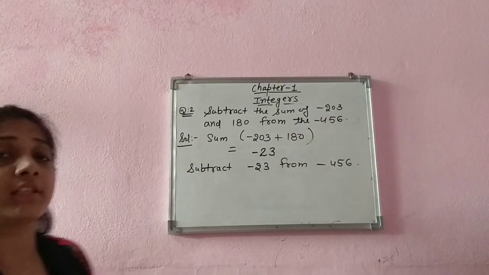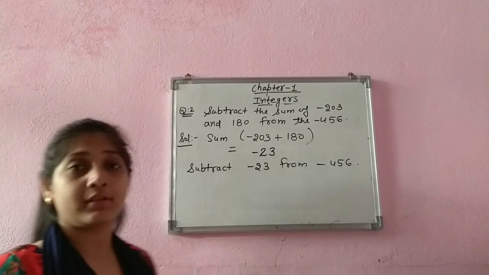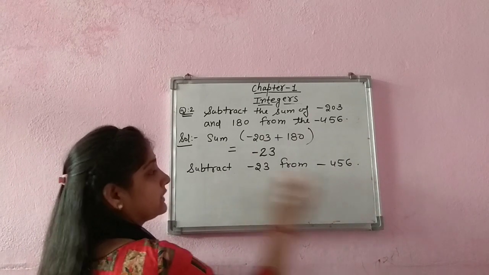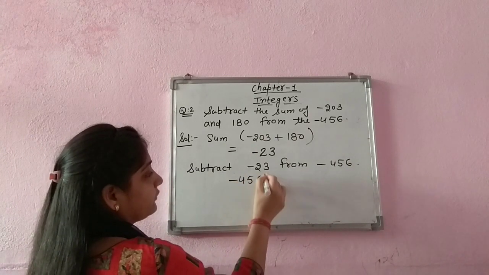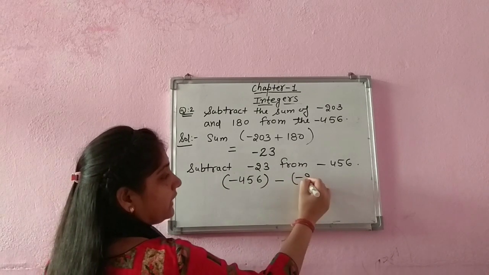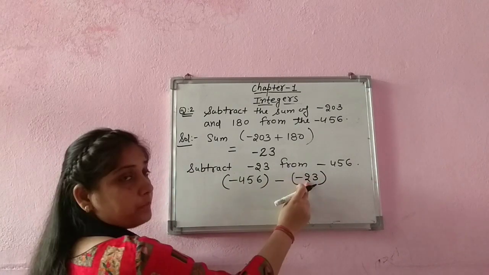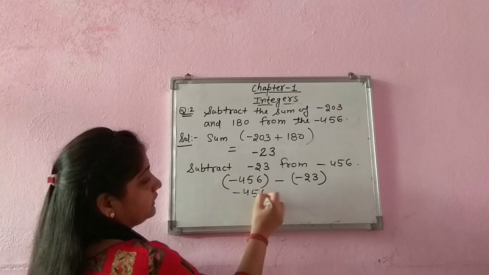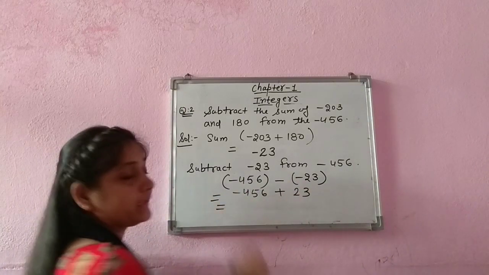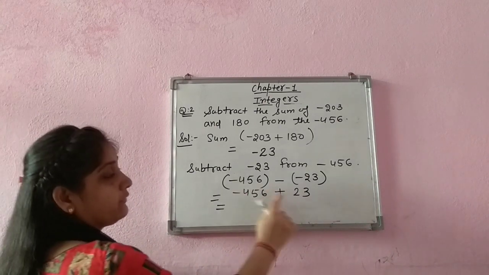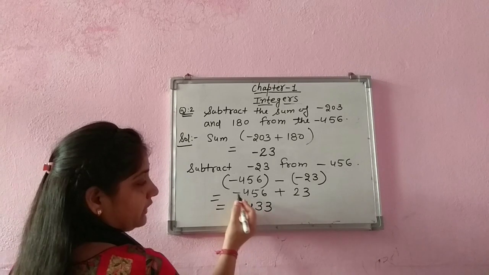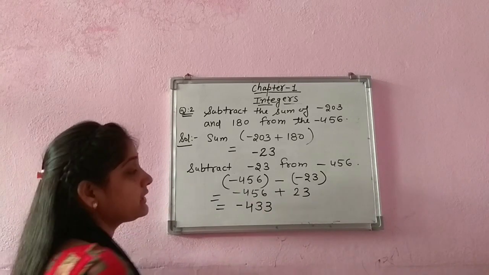We have learned this concept in subtraction where the "from" concept is given. So the second number comes first and the first number goes second: minus 456. We are doing subtraction, so minus and negative 23. Now we need to open the bracket. Minus minus becomes plus, and we observe whether the signs are different or the same. It is different, so we have to subtract again, with a negative sign because 456 is bigger.